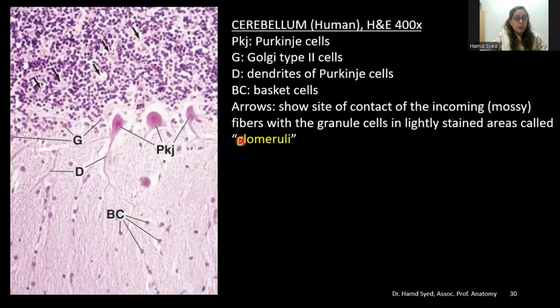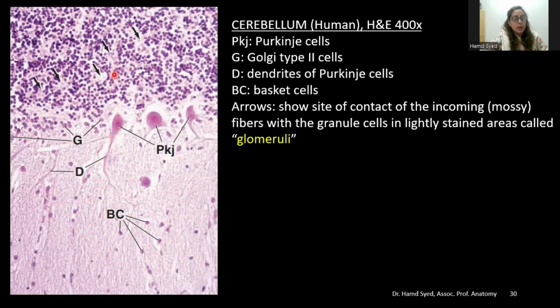So in the histomicrograph of the cerebellar cortex, here we can easily identify the Purkinje cells. Superficial to that, over here, is the superficial layer, which is the molecular layer. We can see a few neuronal bodies, including the basket cells, and we can also see that most of the area is occupied by unmyelinated nerve fibers. Also within the molecular layer, we can see the dendrites of the Purkinje cells.